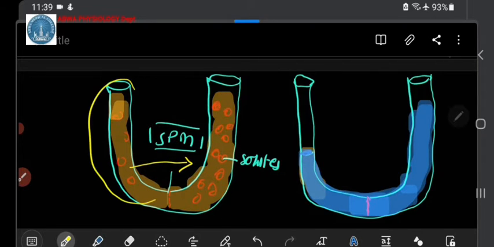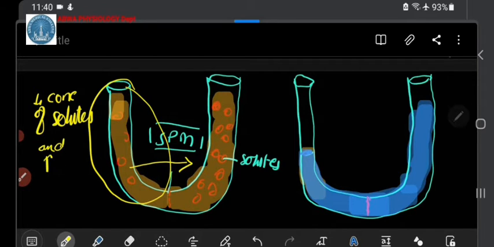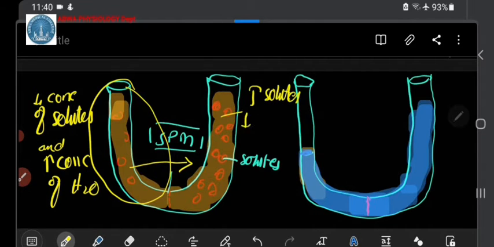In that area there is less concentration of solutes and a higher concentration of water, and in this area there is a higher concentration of solutes and less concentration of water.